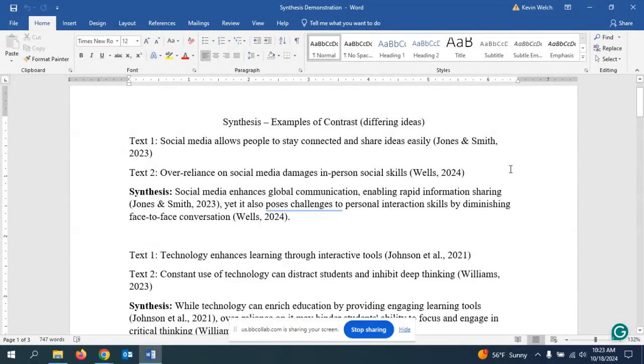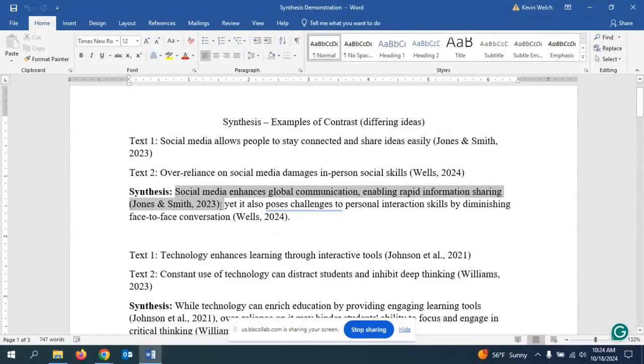So how do you take the two different sources that are saying two different things and actually put them together into a single sentence to present the information from both sources seamlessly, smoothly, without problems? Well, here is an example of how you could synthesize these two sentences. Social media enhances global communication, enabling rapid information sharing.